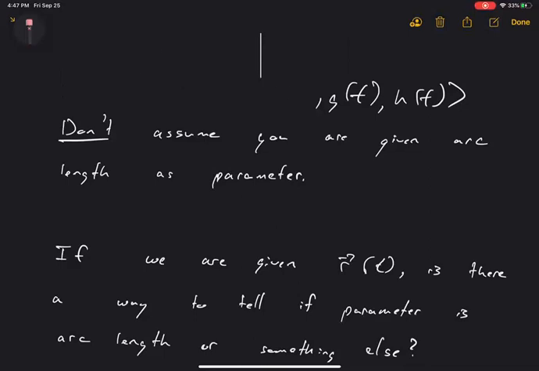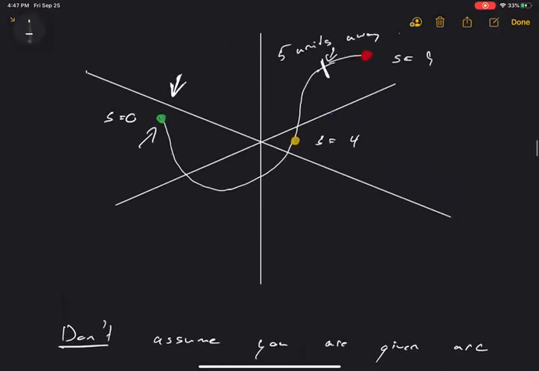So let's assume we're given a function R of t like that. Maybe we're told some initial point, say the point p equals 1, -2, 3 or something.